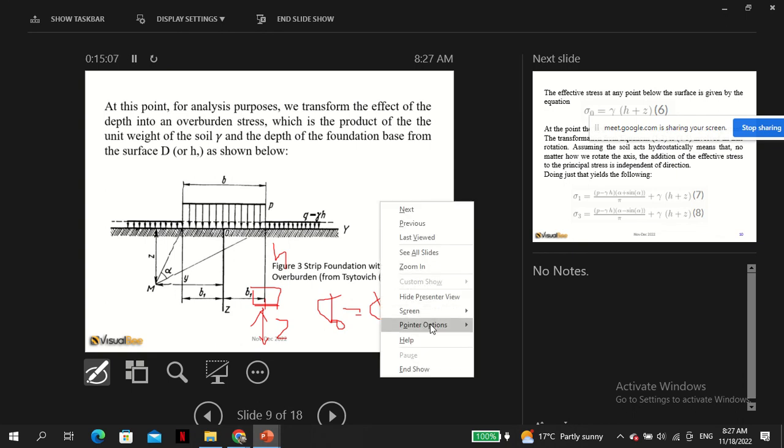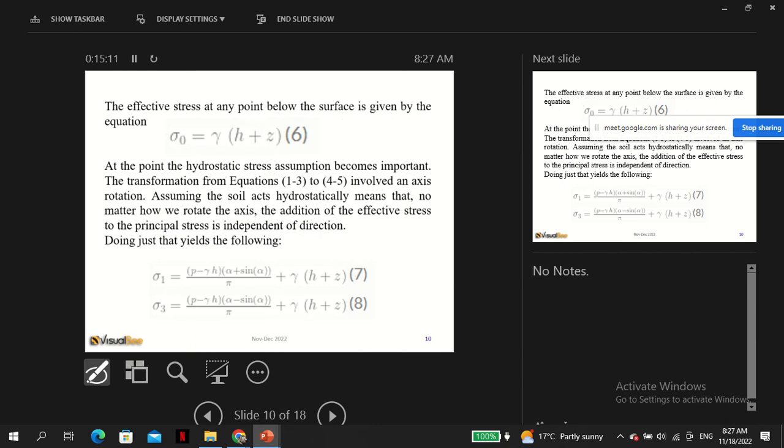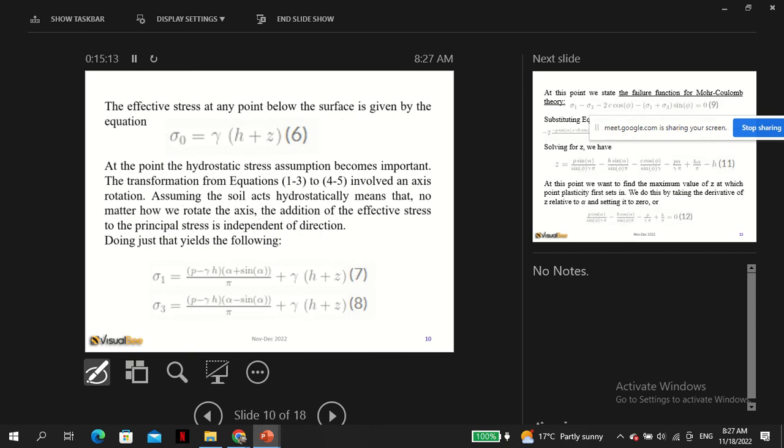Then, if the assumption is a hydrostatic stress state, we add these additional stresses to all the stresses. It doesn't matter the orientation because of the hydrostatic state.